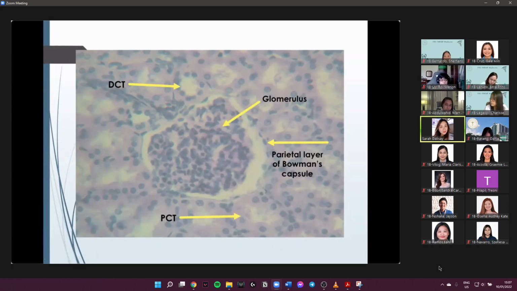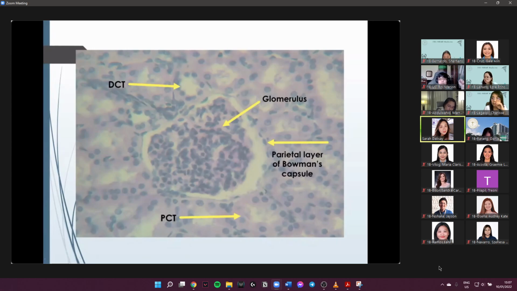So let's look first here at this renal corpuscle. So the glomerulus, as you well know, is said to be made up of a tuft of capillaries. These are capillaries which you will find are classified as fenestrated capillaries without diaphragm.